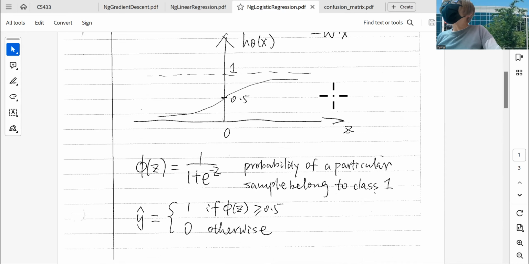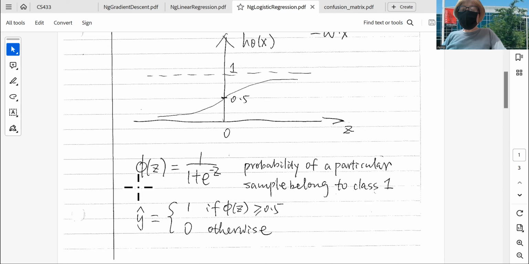In this case, your classification is: if this decision function value is greater than or equal to 0.5, then you classify it as 1. Otherwise, you classify it as 0. It makes much more sense in this case.